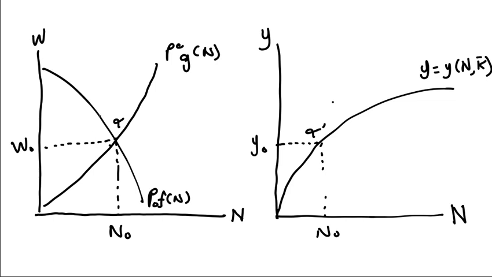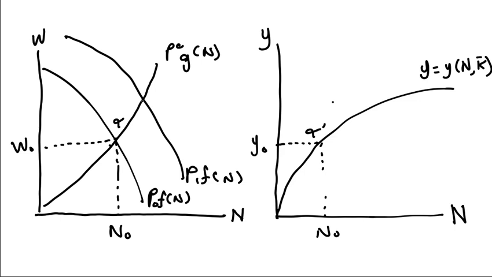Therefore, it is very obvious to see that labor demand will be affected. So, labor demand will increase and shift to the right from P0 Fn to P1 Fn. So, we can draw it like this. Okay, P1 Fn.